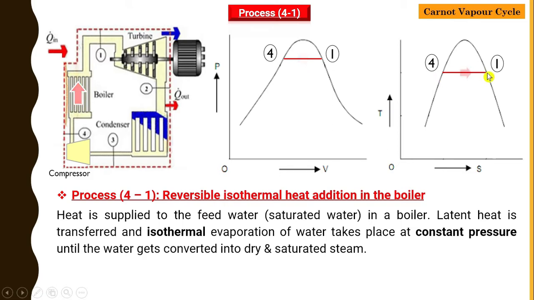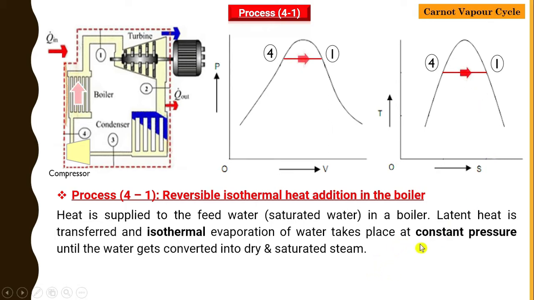The temperature is not changing, so isothermal evaporation of steam will take place. Here the latent heat is transferred. Here water will be converted into steam. Change of phase will occur, and there is no temperature change. So this heat that is supplied is called latent heat.